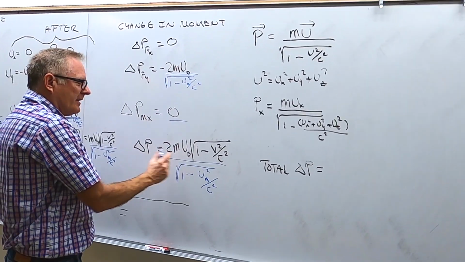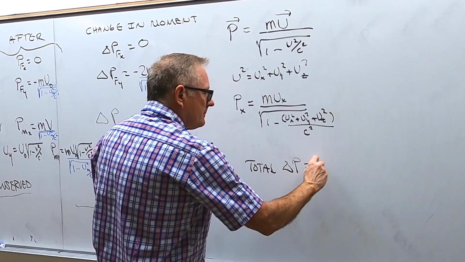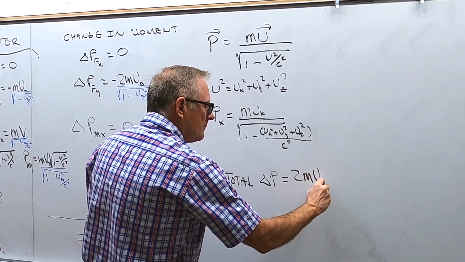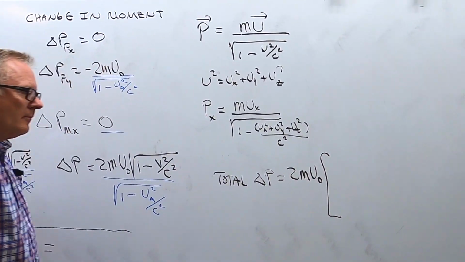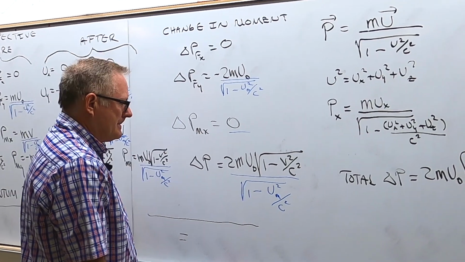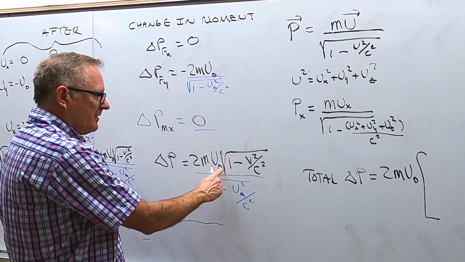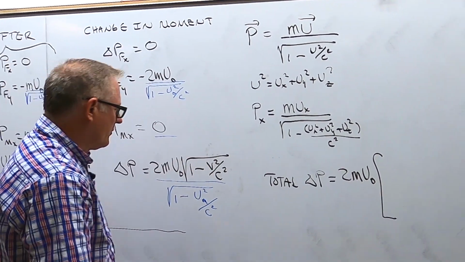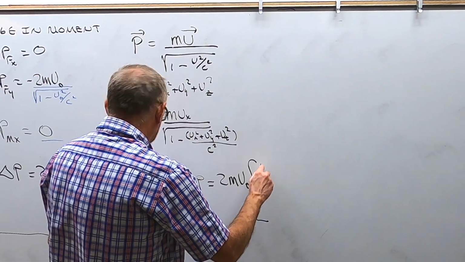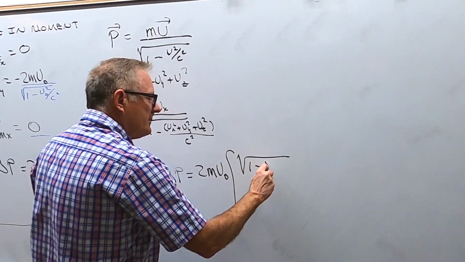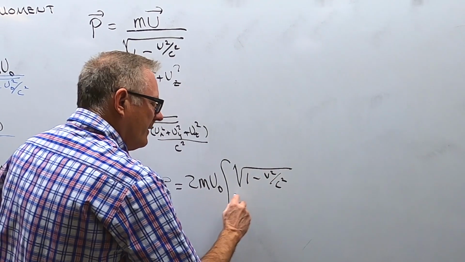But I'm going to factor out the 2m u naught. And then we get, I'll put this term first, the square root of 1 minus v squared over c squared.